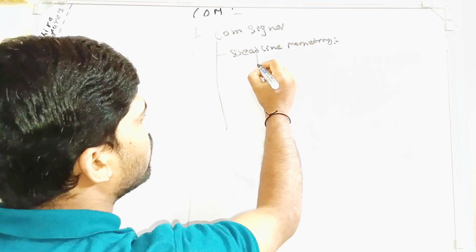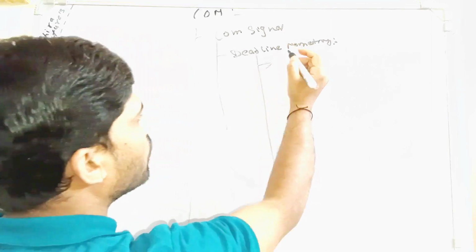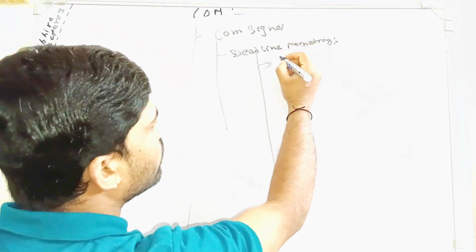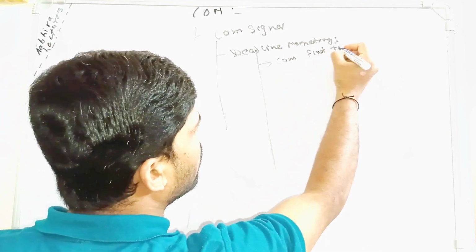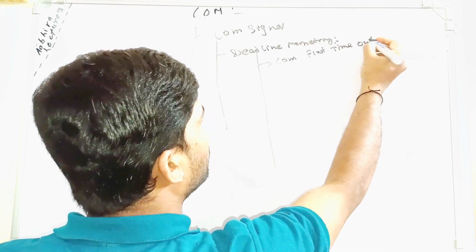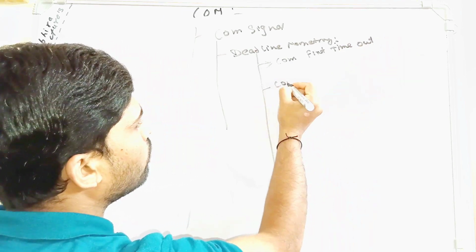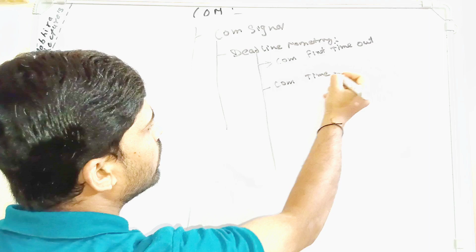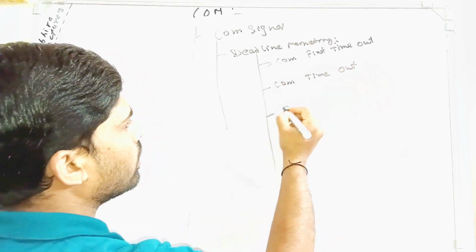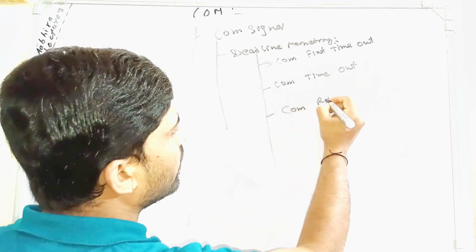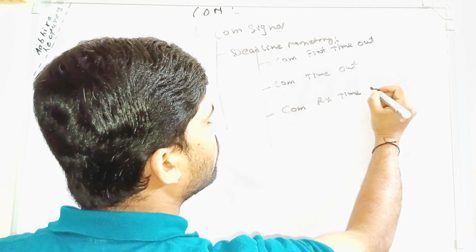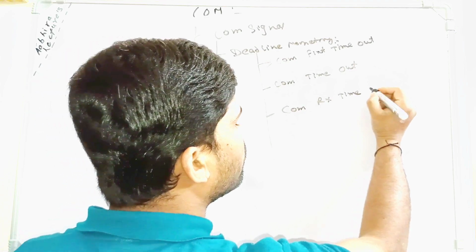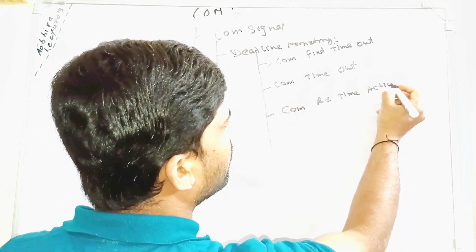Okay. So in deadline monitoring, first of all we have to configure com first timeout. Okay, then com timeout. Okay, then com rx time out action.